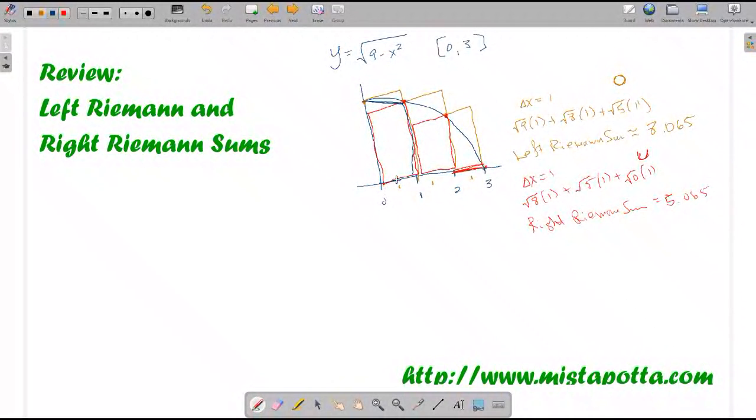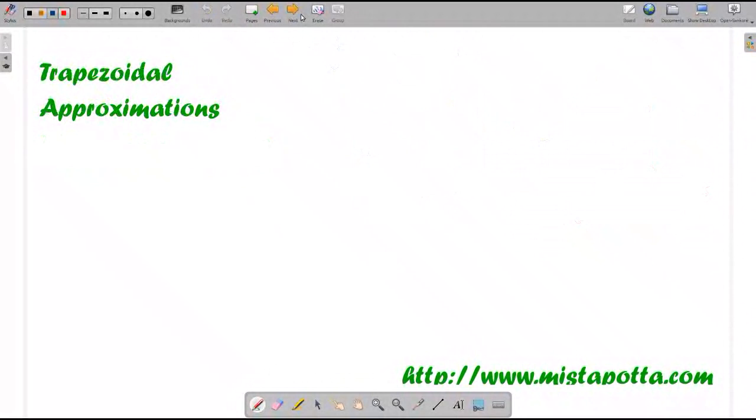Now, this trapezoid's really standing on its side, so for the purposes of my trapezoid, this is base 1, this is base 2, and this distance here is my height. So we have what we call trapezoidal approximations.